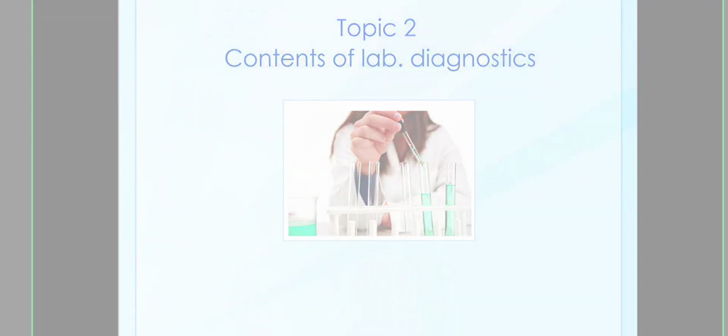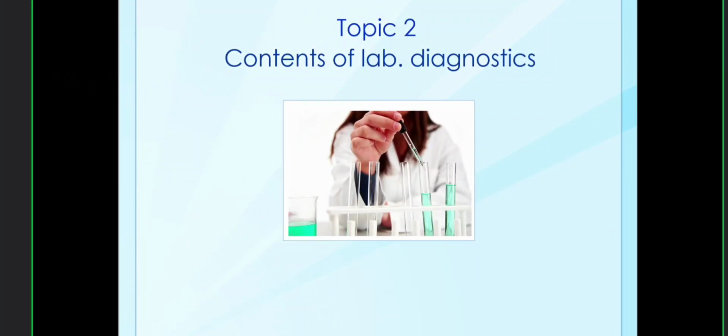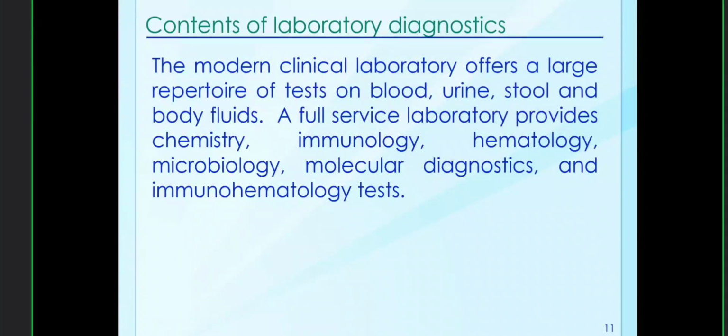Topic 2. Next topic is the contents of the laboratory. The modern clinical laboratory offers a large repertoire of tests on blood, urine, stool, and body fluids. A full-service laboratory provides chemistry, immunology, hematology, microbiology, molecular diagnostics, and immunohematology tests.